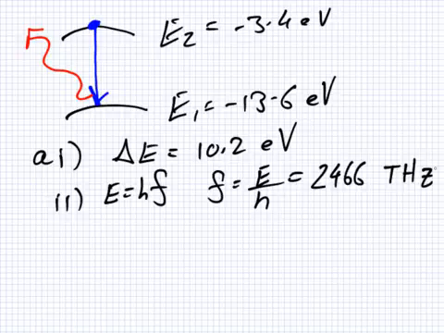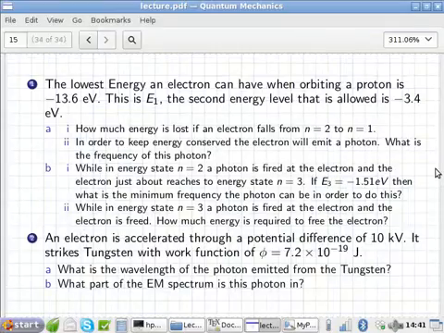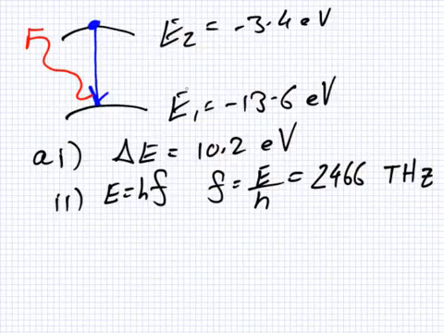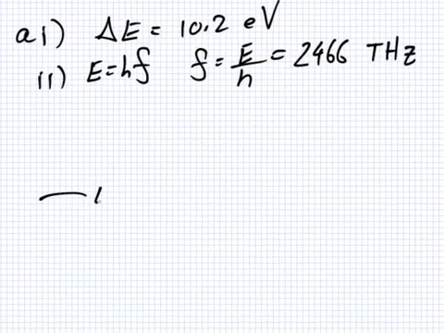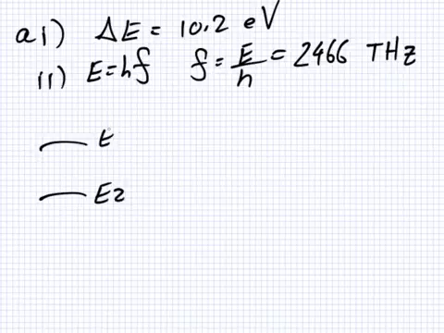Right. While in energy state 2, a photon is fired at the electron, and the electron just about reaches energy state 3. So if I go back up, I'll draw it again here, it's at 2, and this time the electron is here.